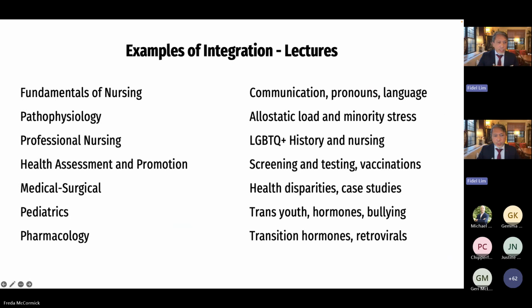In pathophysiology, and this is one of my focus when I teach critical care, thinking about the allostatic load, the stress response in relation to the minority identities, and you put on top of it the critical illness. And you can imagine a person, a transgender person who is in the ICU, who is in a ventilator. How is that different? What's the difference in the allostatic load?